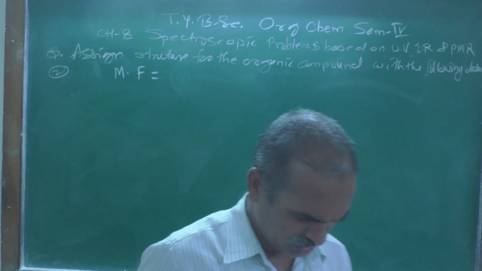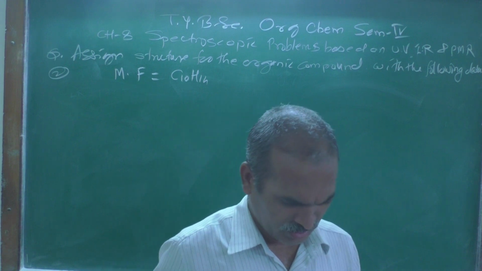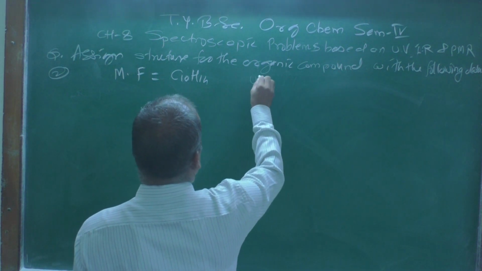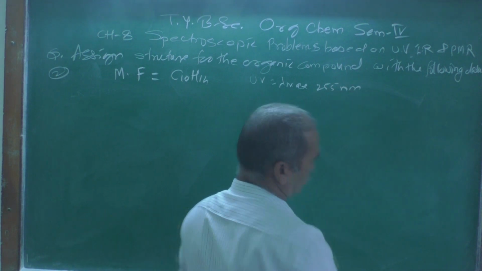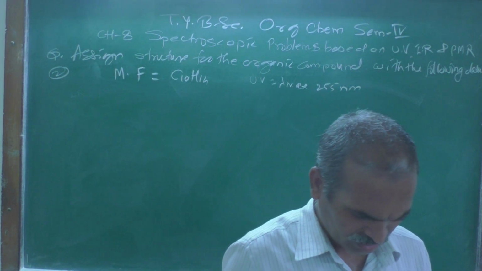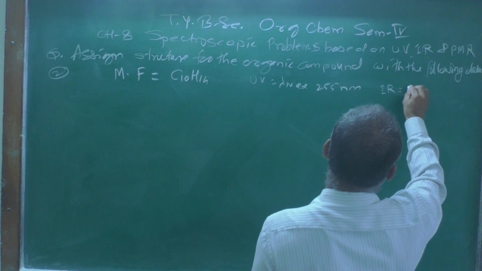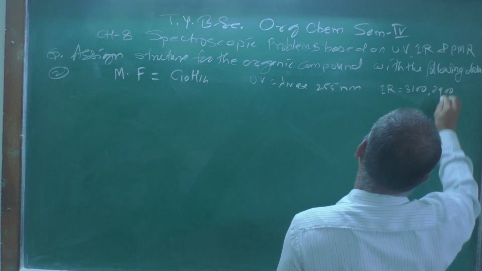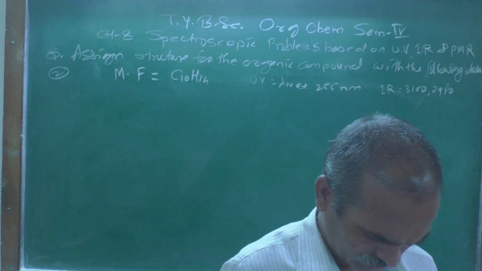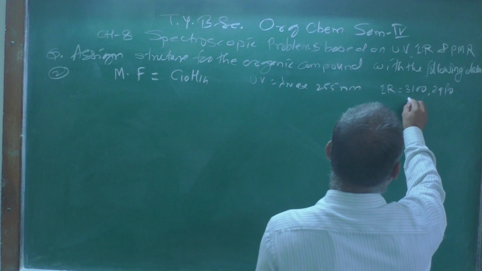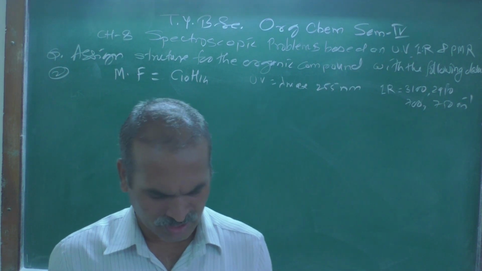Here the molecular formula is C10H14, and UV is also given, lambda max will be 255 nanometer, and IR values are given: 3100, 2900, 2910, then 715 per centimeter.